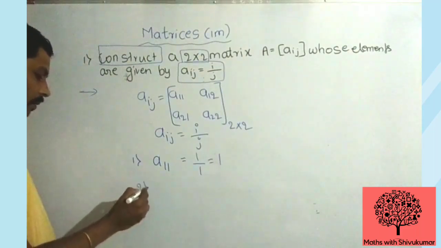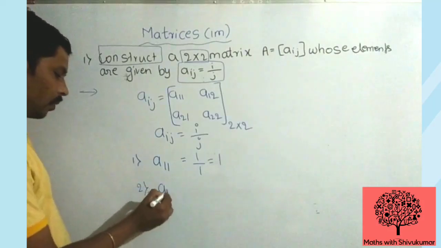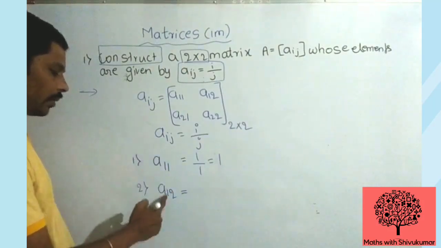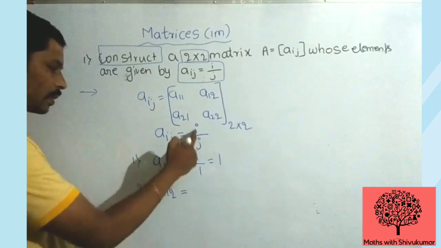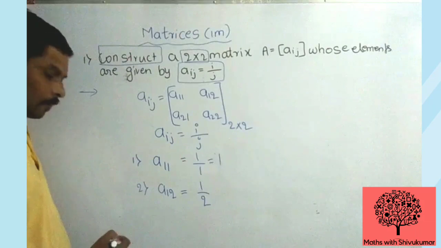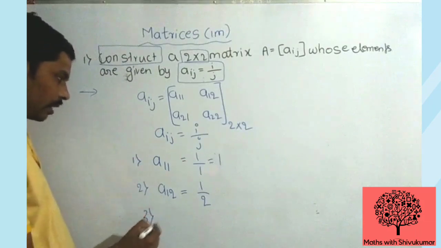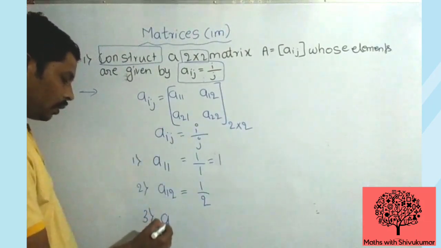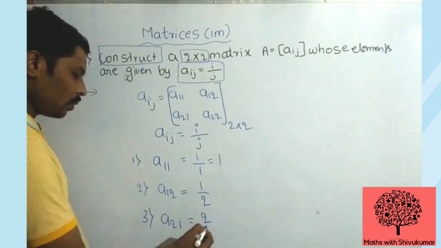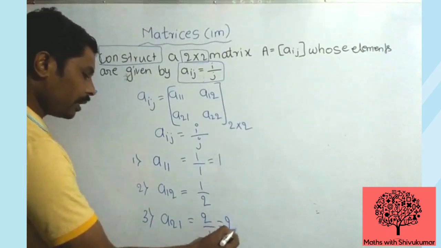Similarly, second one, A12. What is A12? Here I value is 1, j value is 2. Substitute here, 1 by 2 you are going to get. Next, third one. What is the third element? A21. Here I value is 2, j value is 1. So 2 by 1 is nothing but you are going to get 2.